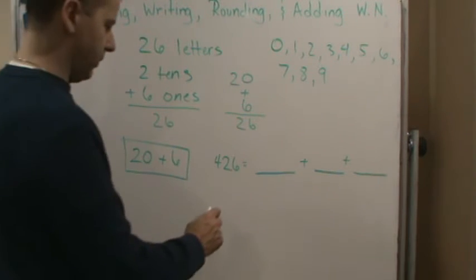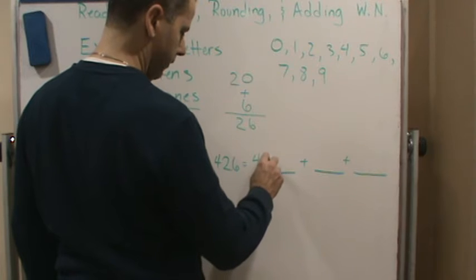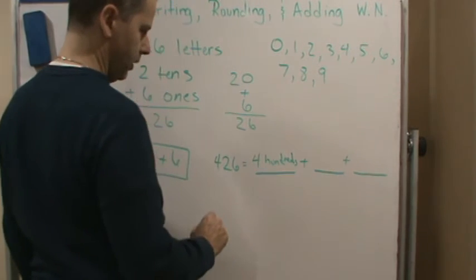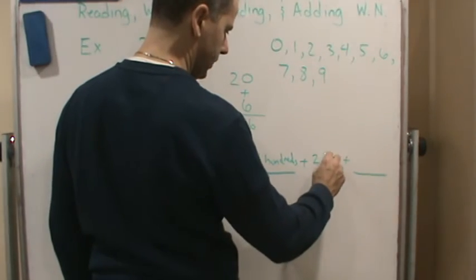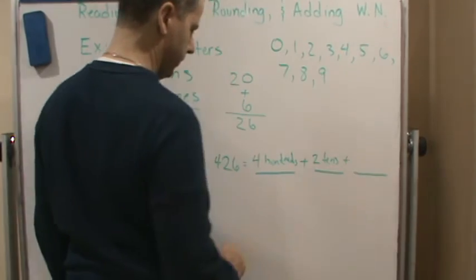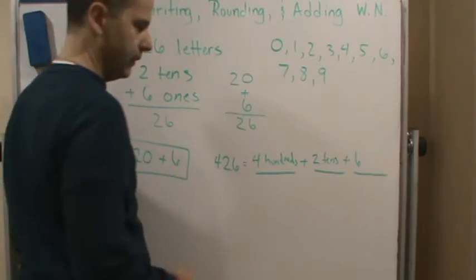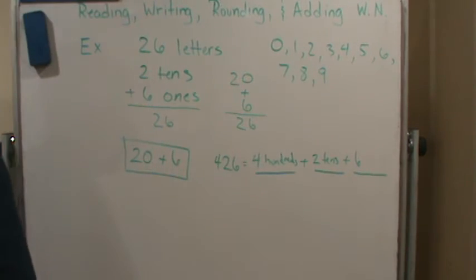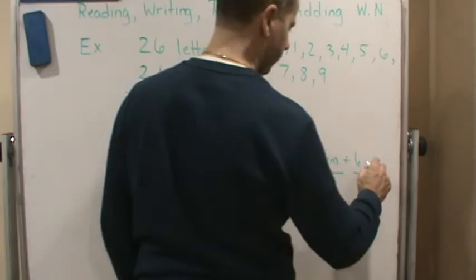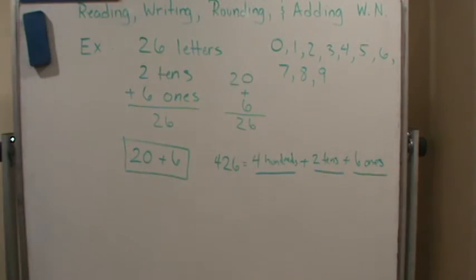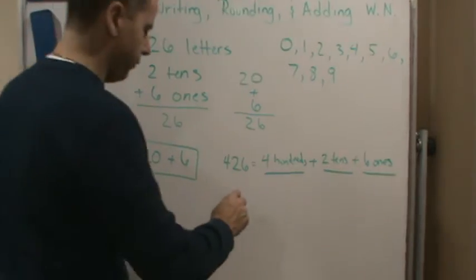So in this case, we would have 4 hundreds plus 2 tens plus 6 ones. So this is what we call expanded form.